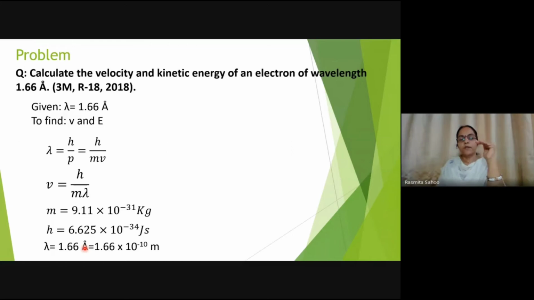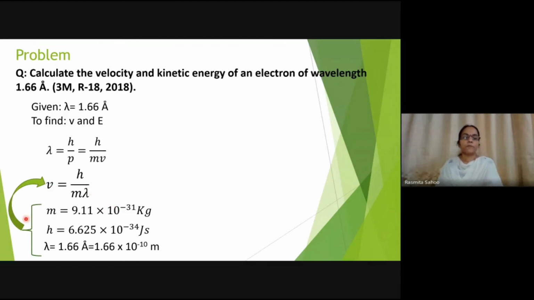So what is the unit of length in the SI system? That is nothing but meter. So we need to first convert all the parameters to a single measurement system. So by converting this 1.66 angstrom to meter, I can write this as 1.66 into 10 to the power minus 10 meter. Once this job is done, now I can substitute this back into the formula.